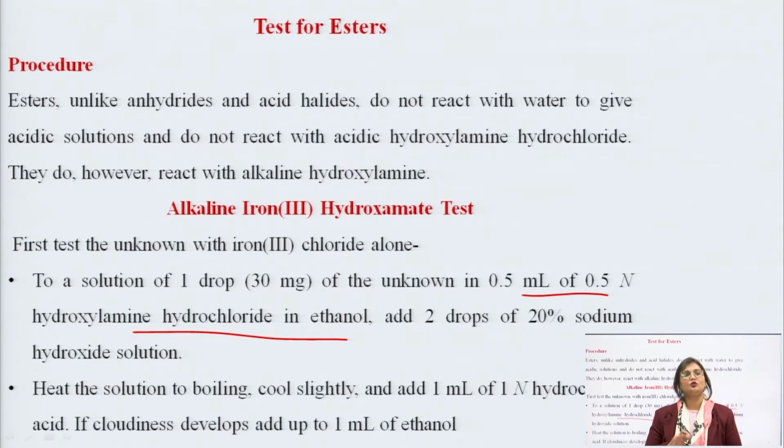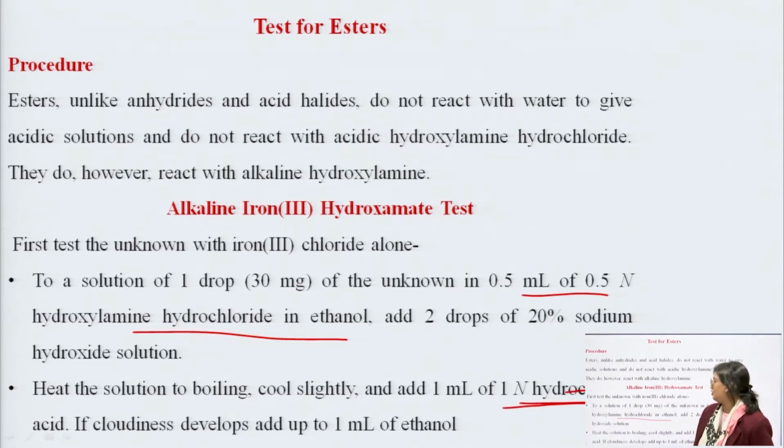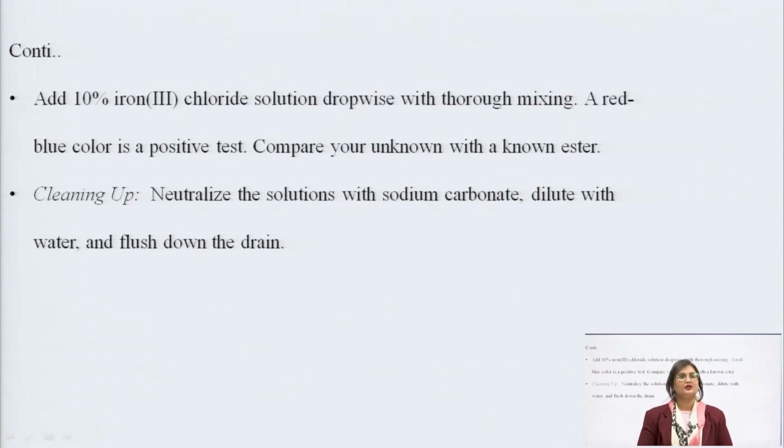Then it is cooled slightly and we add 1 ml of 1 normal hydrochloric acid. If cloudiness develops, we add another ml of ethanol. Then 10% iron chloride solution is added dropwise with thorough mixing.